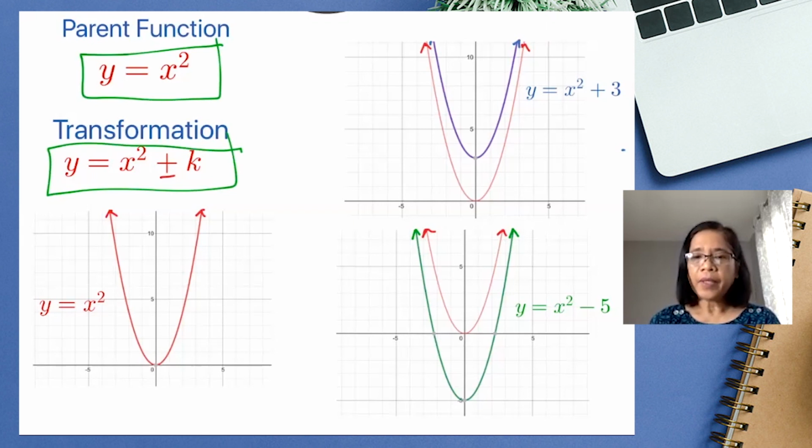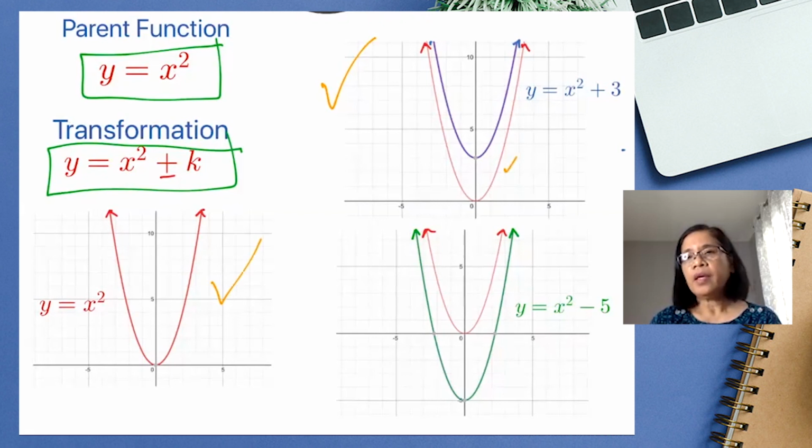Now what happens if we add a value k, plus or minus k? Let's start first with the graph here on top. So our parent function y equals x squared is the red graph. That's the red graph here. And we have here added plus 3.